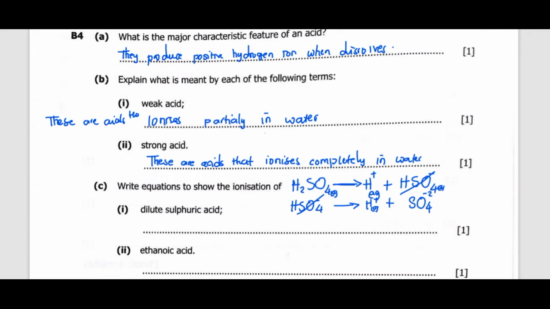Then our net equation will be sulfuric acid is equal to, we can add these two, will give us 2H plus aqueous plus the sulfate minus. So the final answer here is, whenever I want to ionize sulfuric acid, you write the symbol.